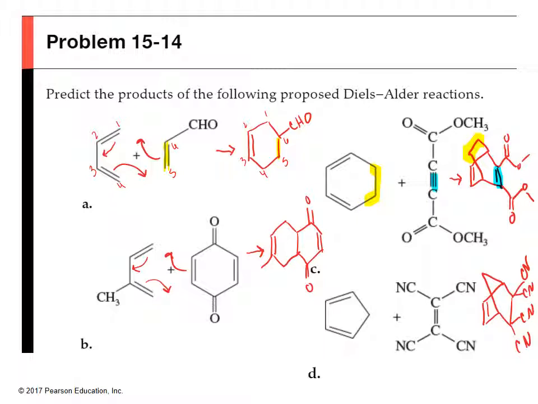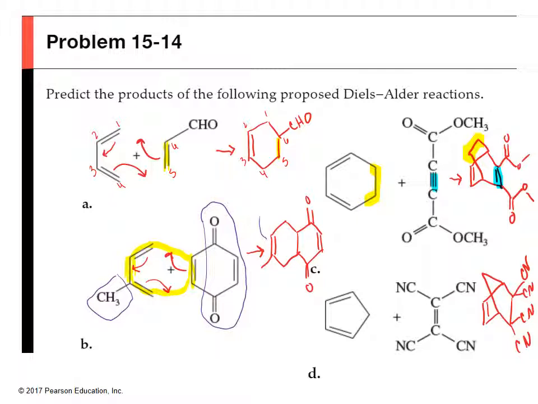Okay, let's take a look at letter B. Letter B is very similar. The only difference is I have some stuff hanging off. I have that hanging off over there and that hanging off over there. But this stuff right here is going to form a cyclohexene, because you end up with a double bond right over here. There is where my cyclohexene is.